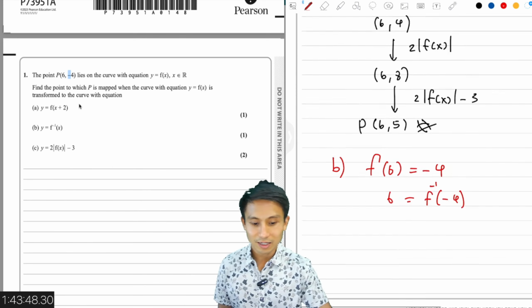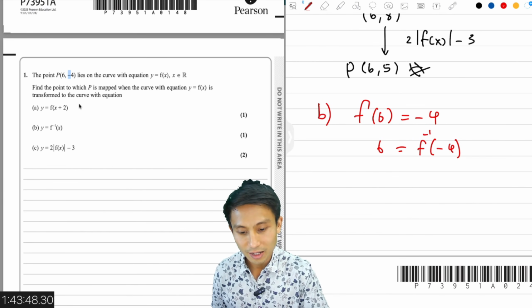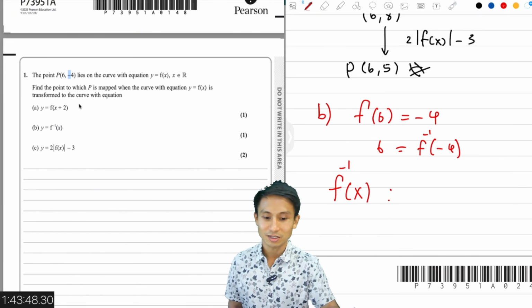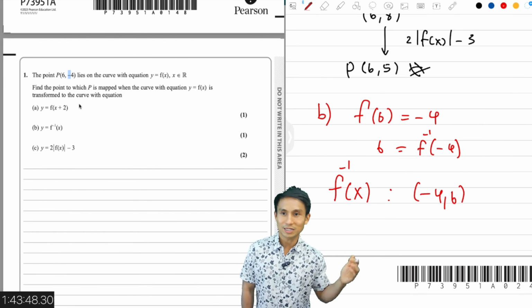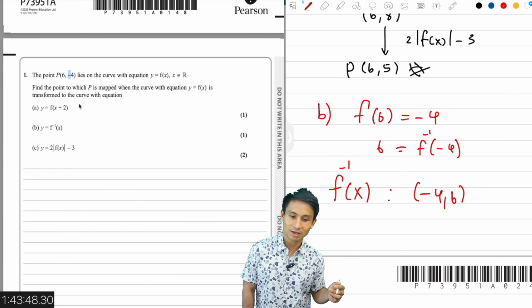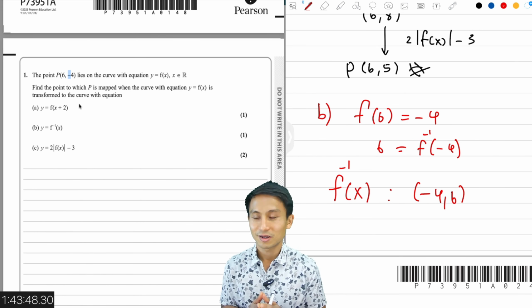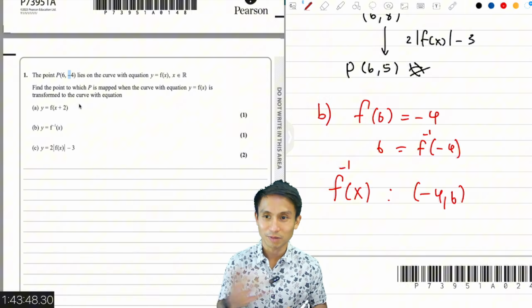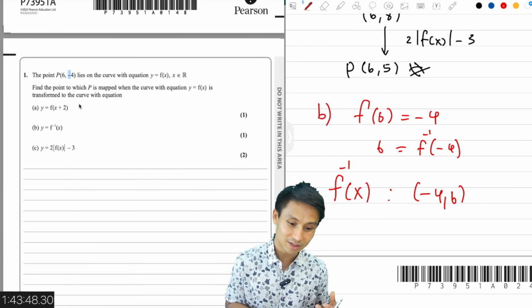So when you have f inverse of -4 is 6, then for the inverse function f inverse x, one point that lies on this curve would be (-4, 6). So (-4, 6) must lie on this curve, and when you reflect the point (6, -4), you have (-4, 6).